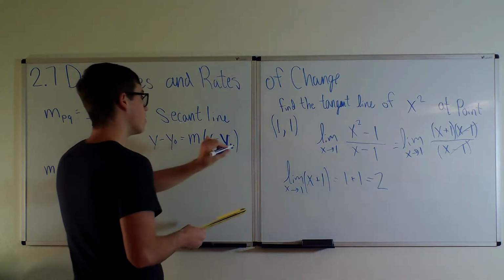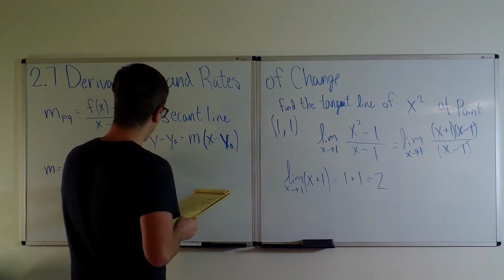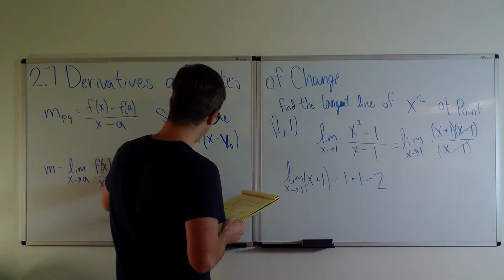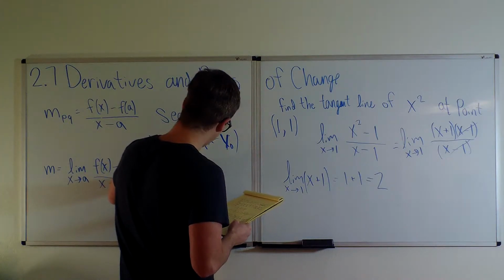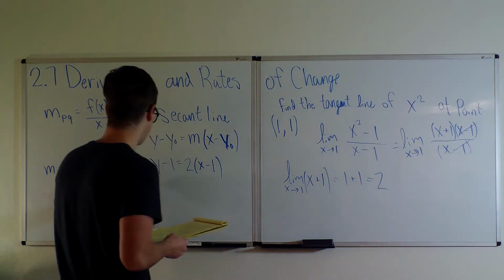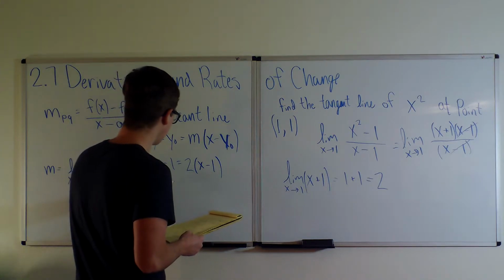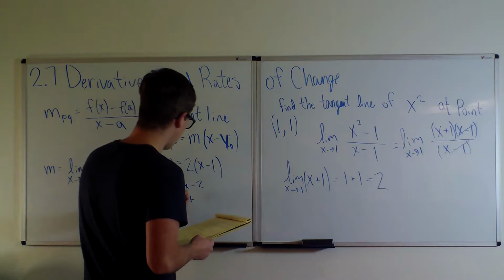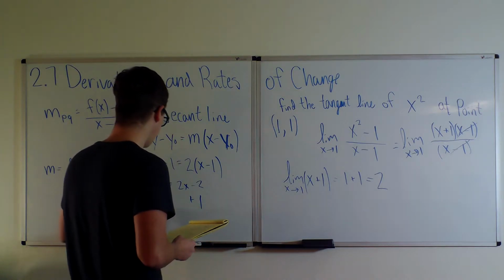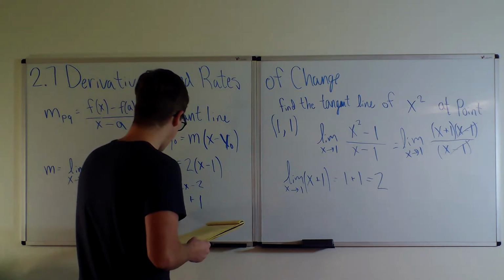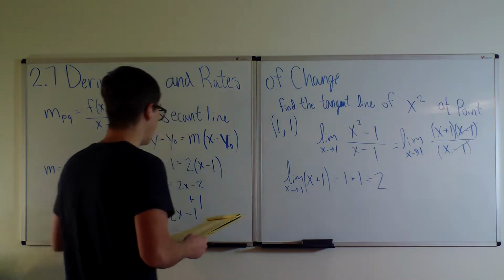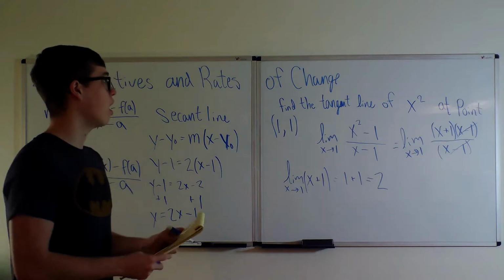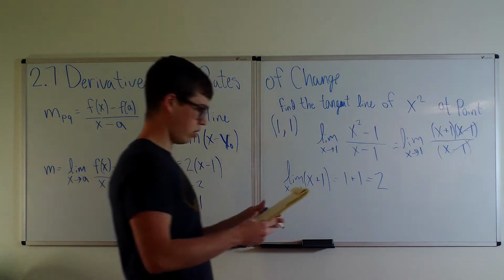So y minus 1 is equal to 2 times x minus 1, so y minus 1 is equal to 2x minus 2. Add 1, and y is equal to 2x minus 1. That is the equation for the tangent line of x squared at point (1, 1).